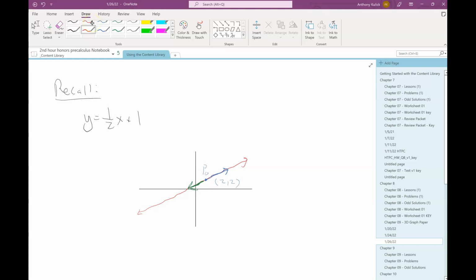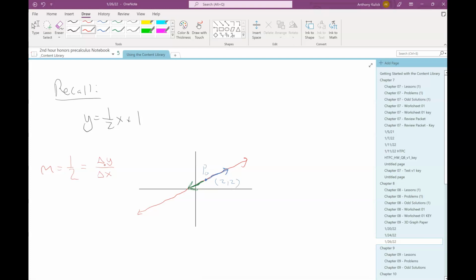So note here that the slope of my line is 1/2. Remember that when I find slope, that is the change in y over the change in x.